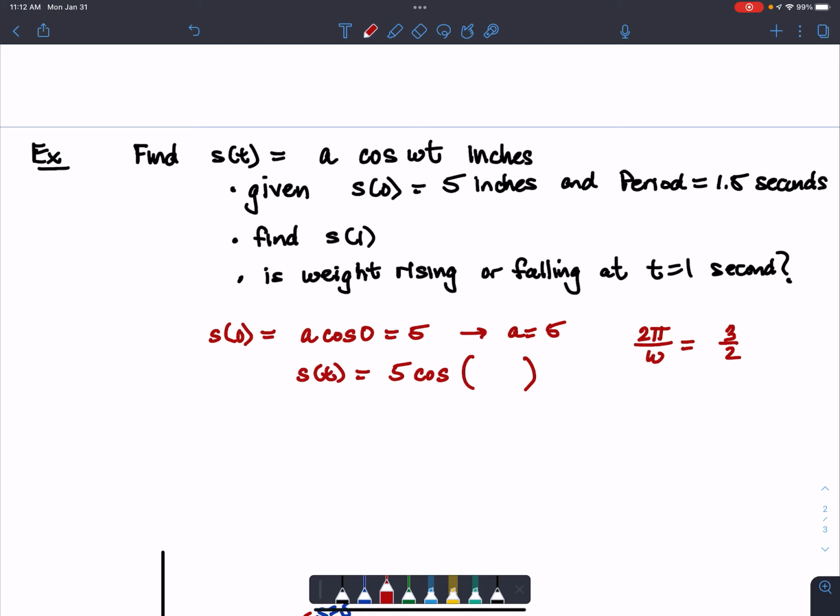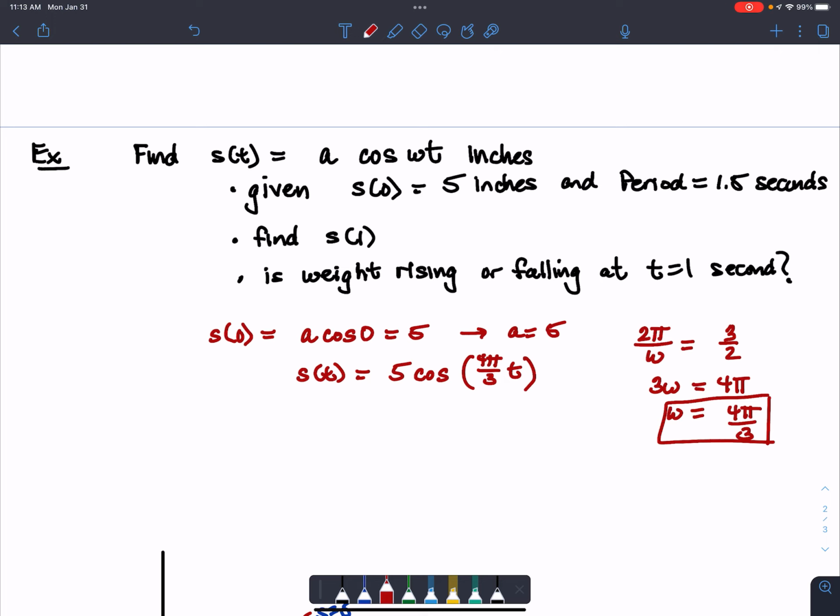And I'm going to now solve for omega. So this means that 3 omega is equal to 4 pi, cross multiply basically. And then that means omega is 4 pi over 3. So there is the model for our harmonic motion. Now we can answer almost any question using that equation.